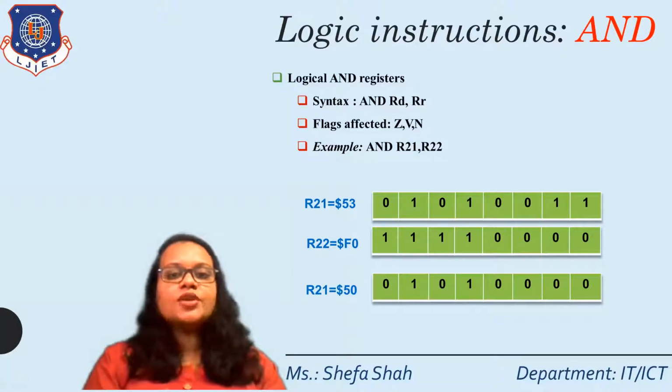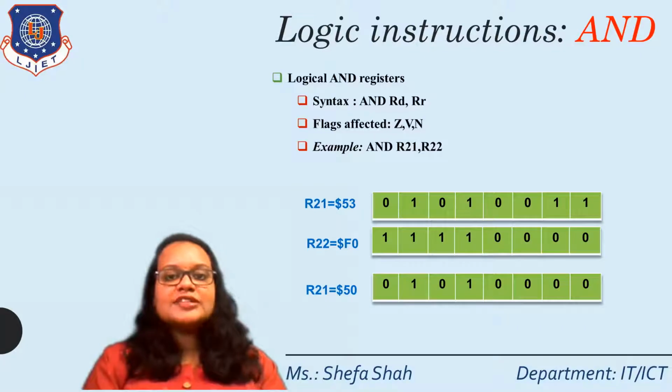We need to do a logical AND between R21 and R22. From the LSB, the first bit is 1 and 0, so the AND is 0. Again 1 and 0 gives 0, then 0 and 0 gives 0, 0 and 0 gives 0. Then 1 and 1 gives 1, 0 and 1 gives 0, 1 and 1 gives 1, and 0 and 1 gives 0.